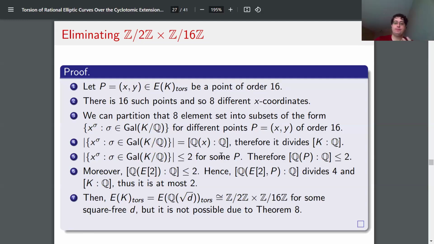And then again, if I add the y coordinates, there can also be a degree 2 extension over that. But each time I use that the extension degree is not divisible by 4.